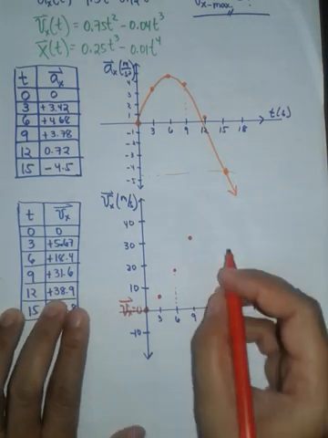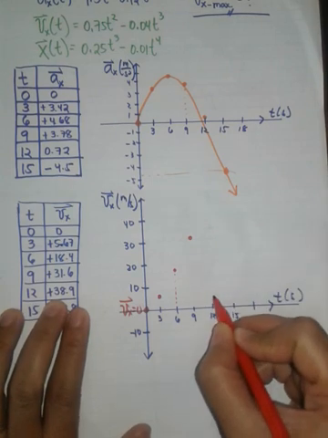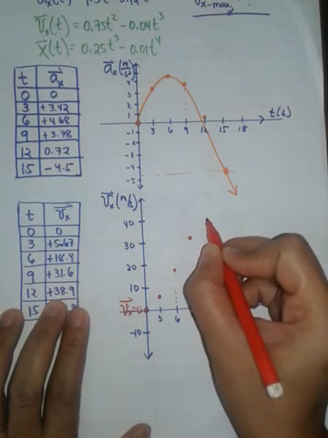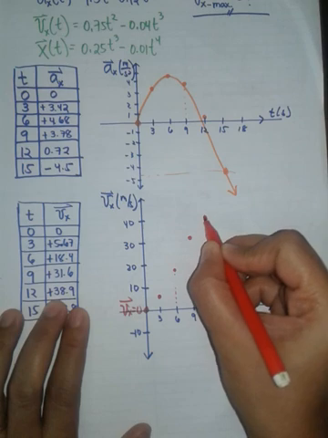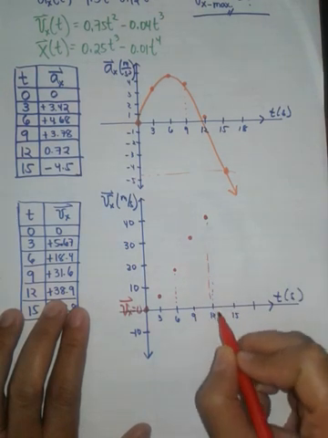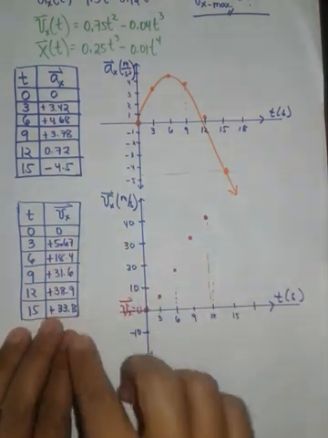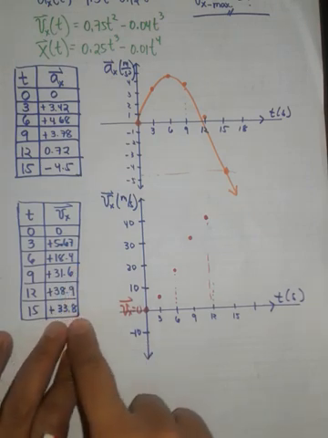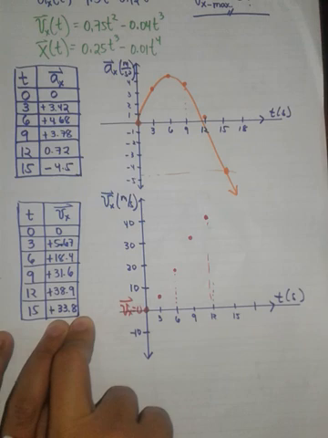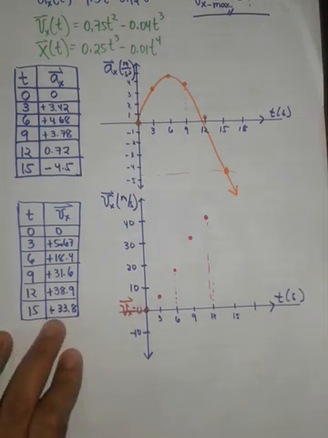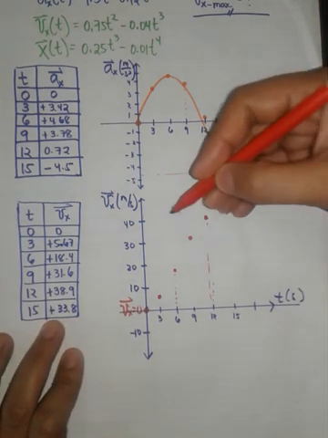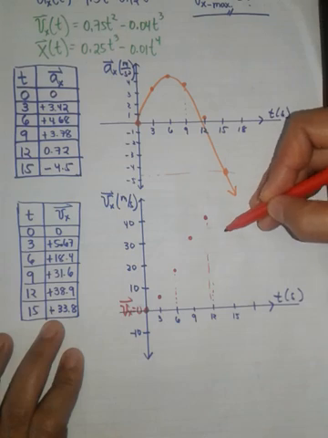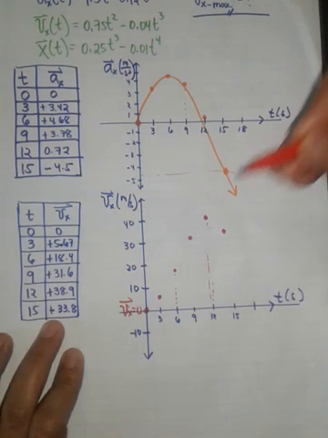When time is 12, it still increases until almost 40. However, at 15, it slows down to 33.8 meters per second, but still going right because it's positive. So 33.8 is somewhere more or less here.